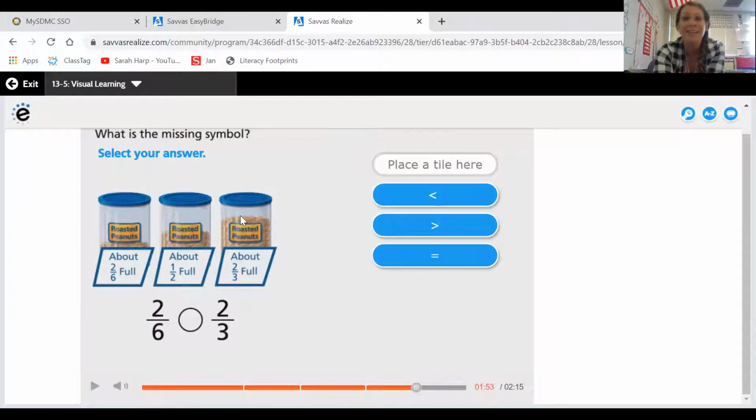But then pretend like that picture's not there. And remember that strategy we talked about. If the numerator is the same, the smaller denominator, it's the opposite. It's really the bigger fraction, right? And the bigger denominator is the smaller fraction. So, which fraction is greater, 2/6 or 2/3?